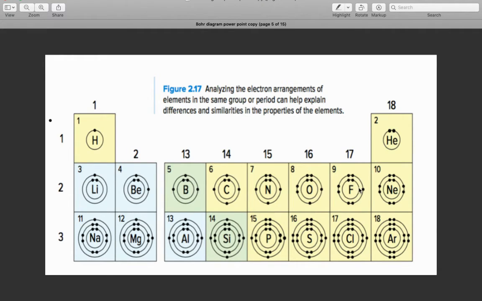I know this is one unpaired electron, but we are going to study its stability later on. But right now, just for the Bohr diagram, we are going to draw it this way. And if you count the electrons together, you will see that it has 9 electrons in total.